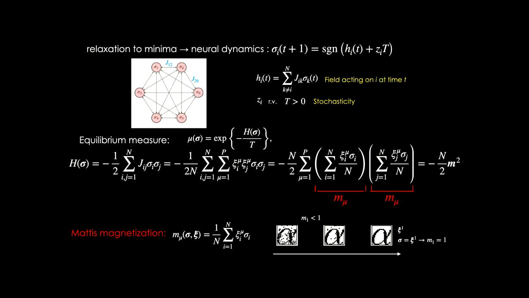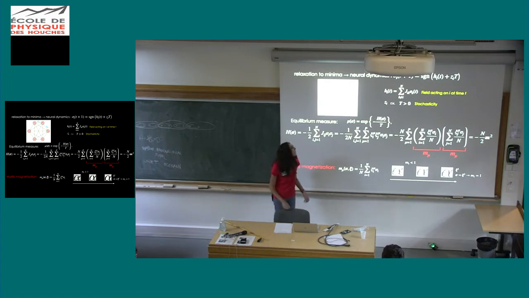Then we have to decide a dynamic rule for the neurons, that is the sign of two contributions. The first one is the field acting on each neuron at time t, and then we have a stochastic part where z is a Gaussian random variable, and T is a pseudo temperature that can modulate the noise.